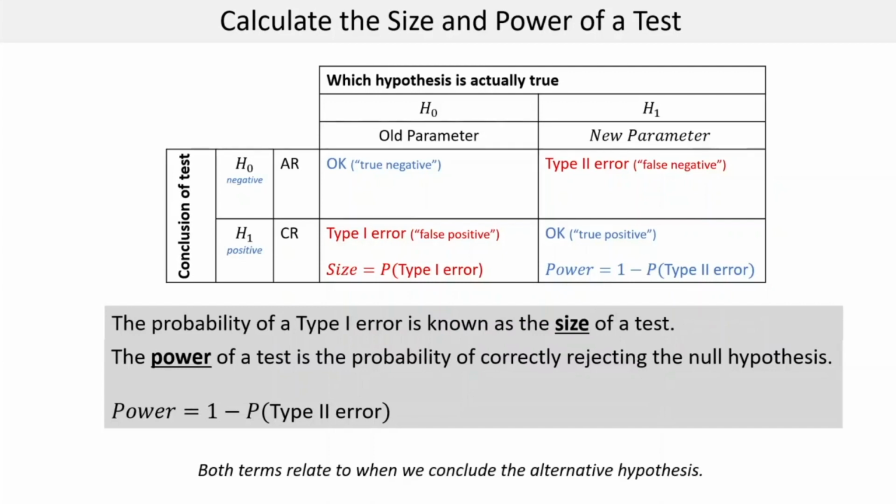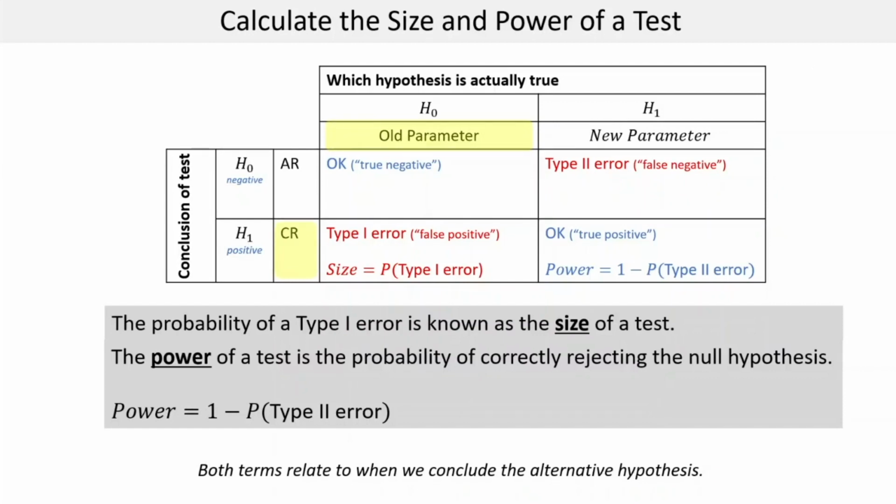Firstly, let's clarify that both of these terms relate to when we conclude the alternate hypothesis. They relate to when we've rejected H0. Because it's when we've rejected H0, that means we're calculating the critical region. So, for the size, it's the critical region with the old parameter.